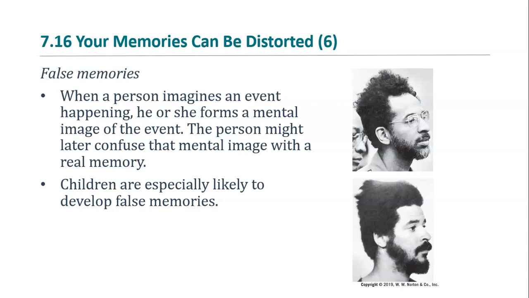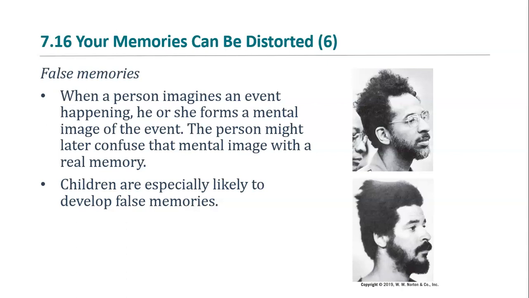These two men are linked because the man on the top spent 5 years in prison for a robbery that the man on the bottom committed. There were 2 eyewitnesses who identified the man on the top, even though he actually was not the one who did it.